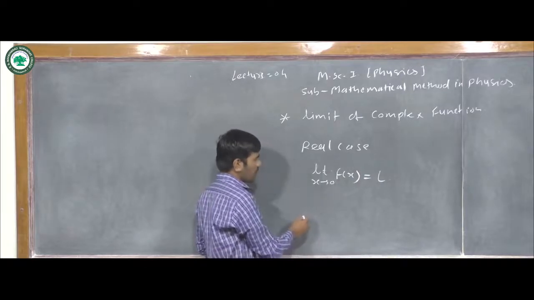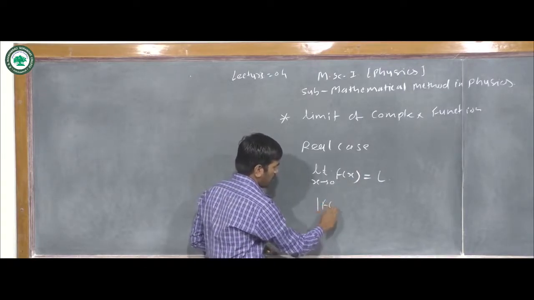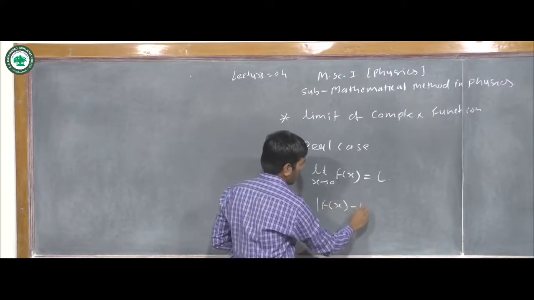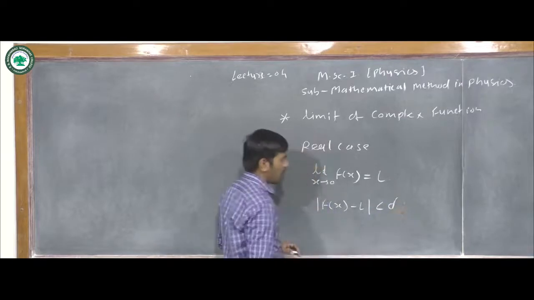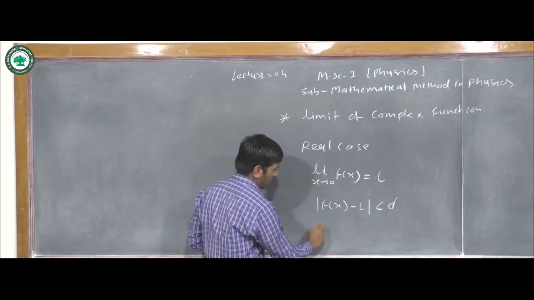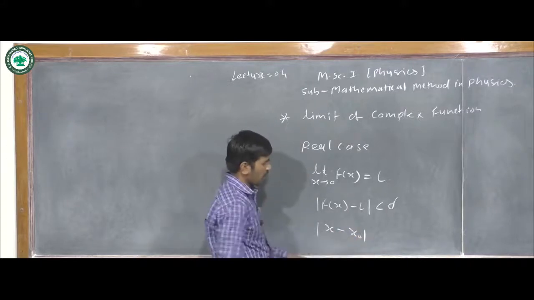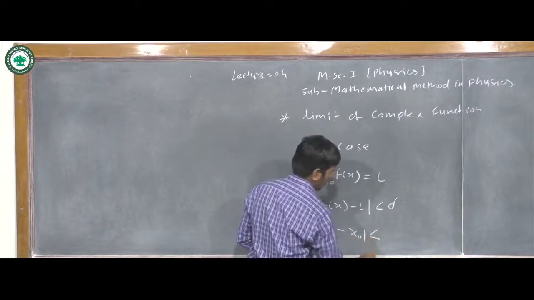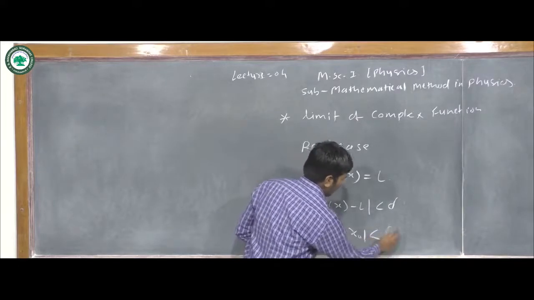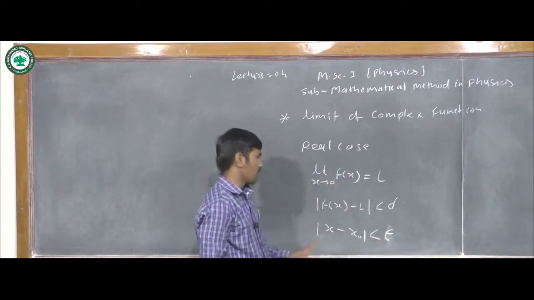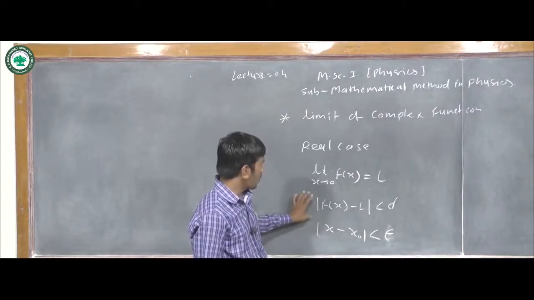Here there are two conditions: one, mod f of x minus L is less than epsilon, and another, mod x minus x naught is less than delta. So these are the two conditions in the real case.